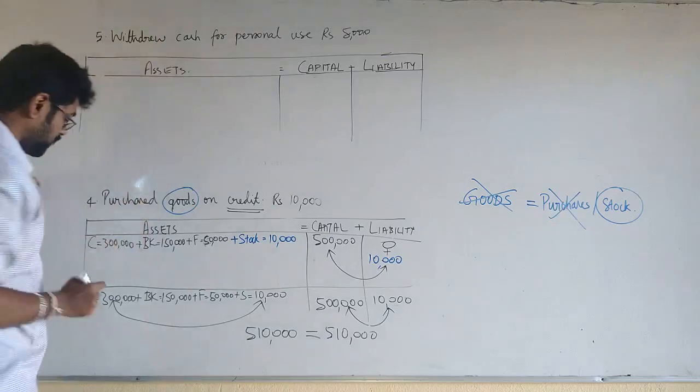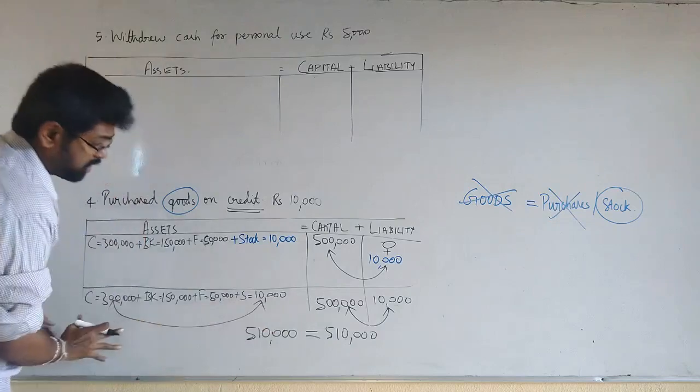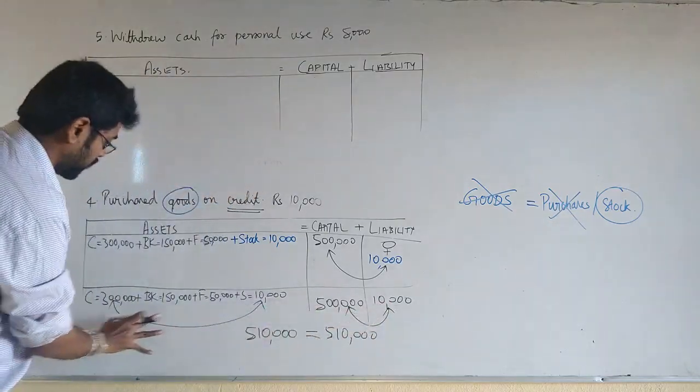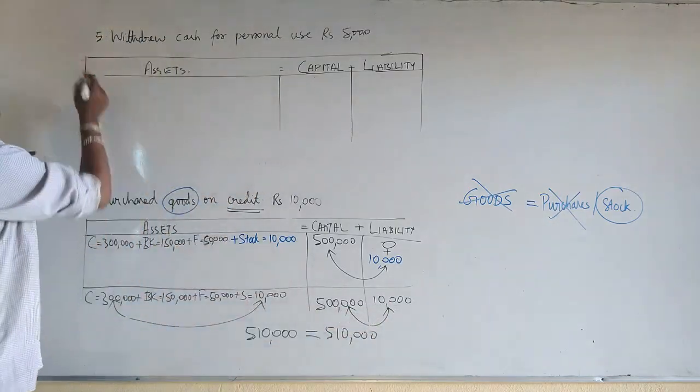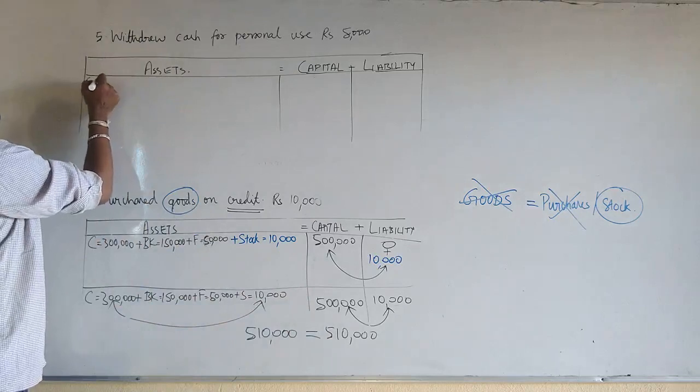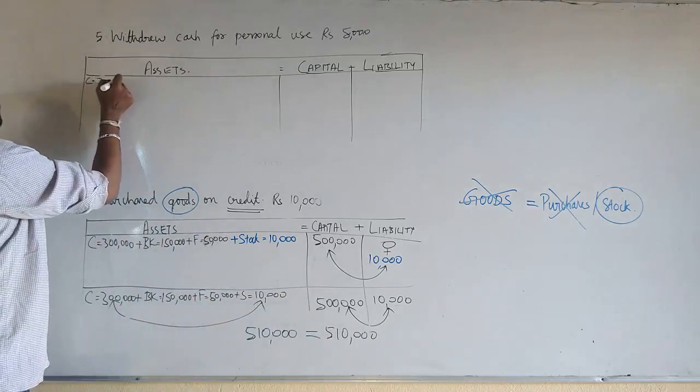So the old balances we are transferring into the next transaction. How much is C? That is 3 lakhs.